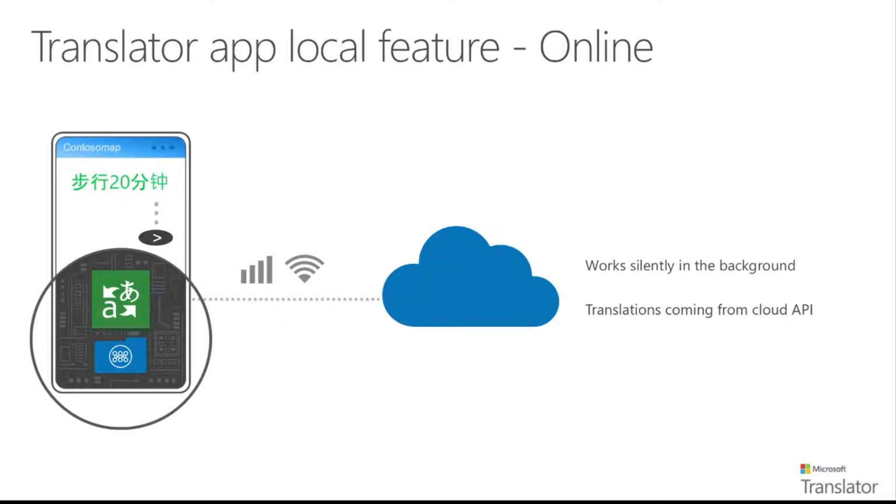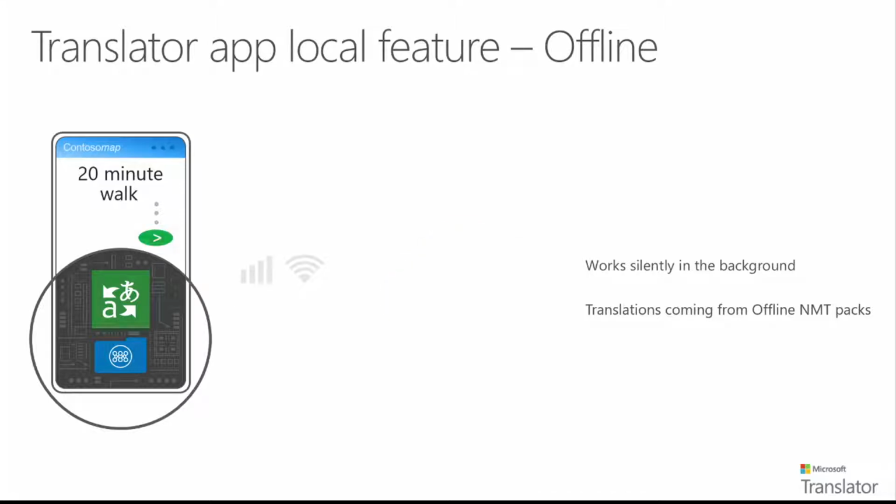You can use a customized system if you have it, and when you are disconnected, the execution of the translation happens purely local. And that requires that the user has downloaded the appropriate language packs on their system.